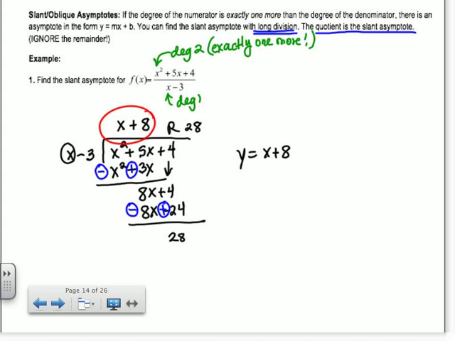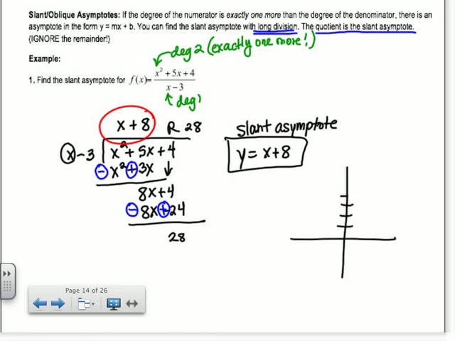So the question is, what if it was like degree 4 and degree 3? Would you still get x first on top? Yeah, you would. It's 1 degree more, so that's why it's a line in the end. All right, so that's your slant asymptote. On your graph, you don't have to draw this.